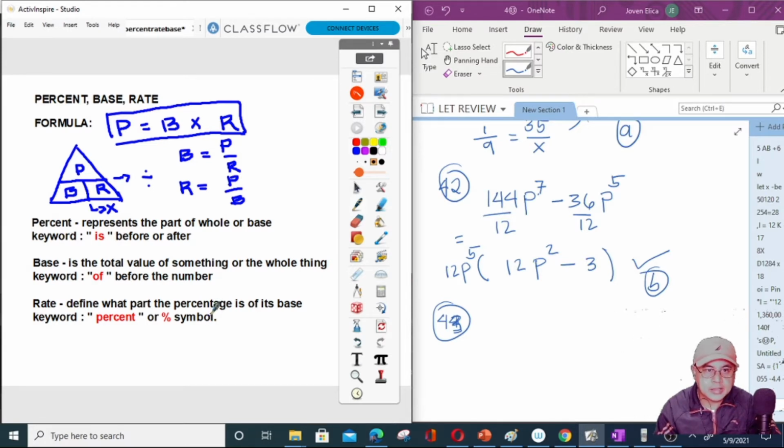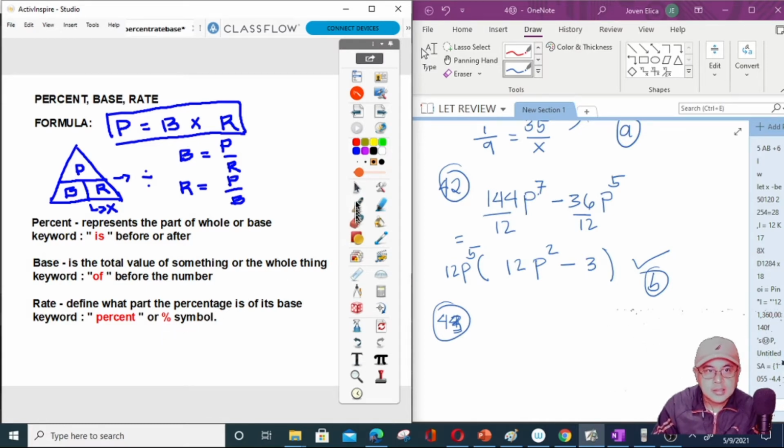Percentage is just part of the rate. That is the rate. And you can simply recognize, if you see a percent symbol in the problem, that represents the rate.